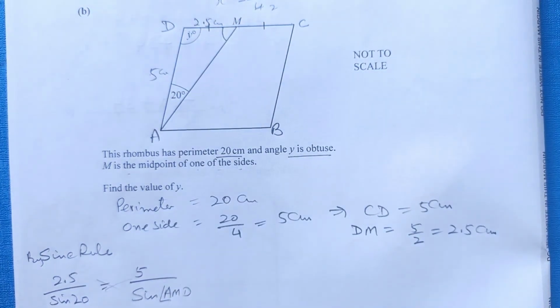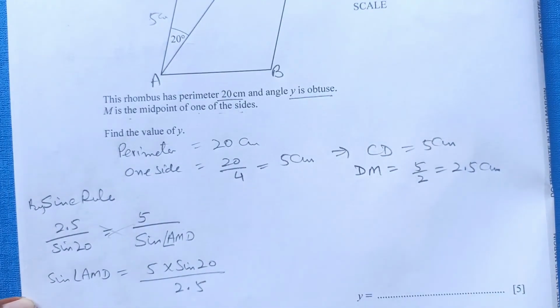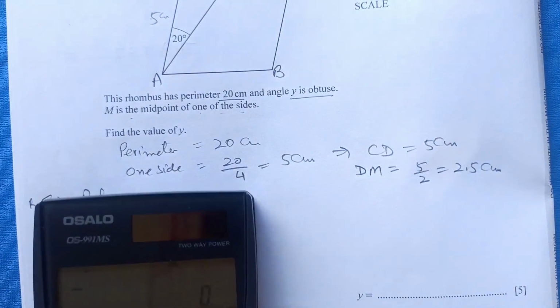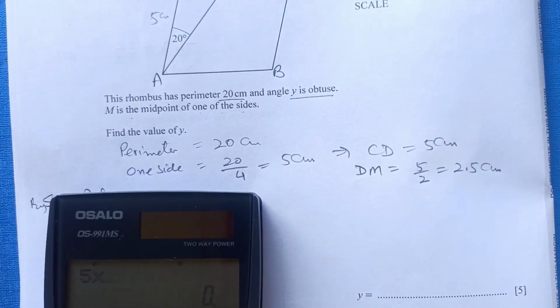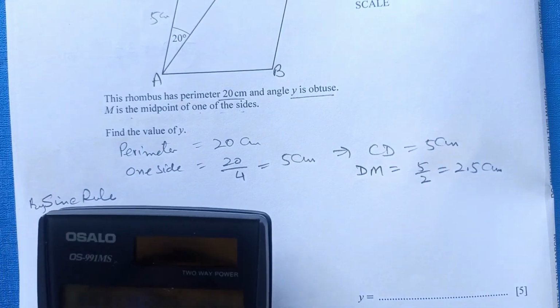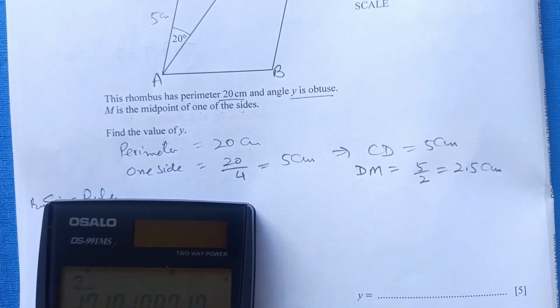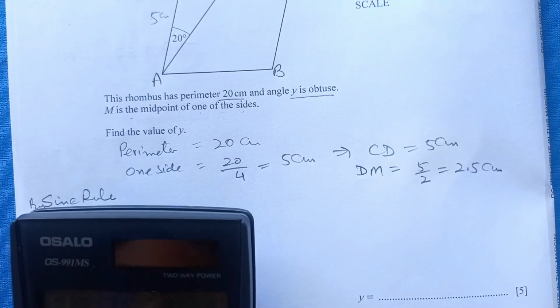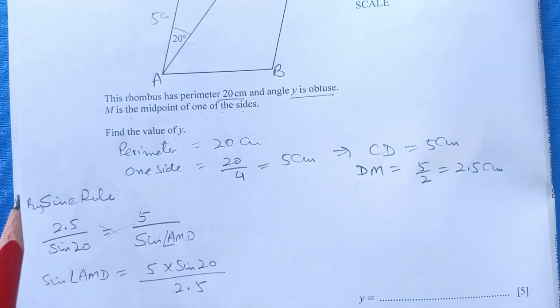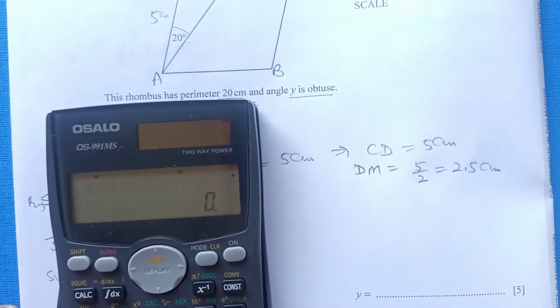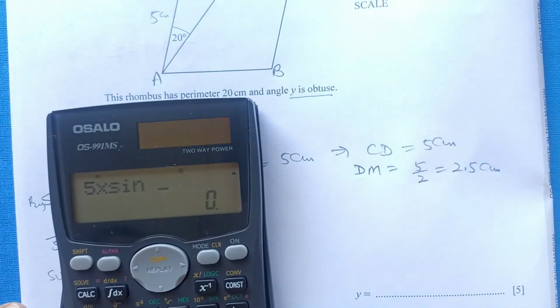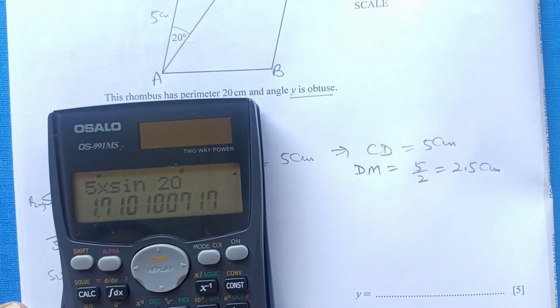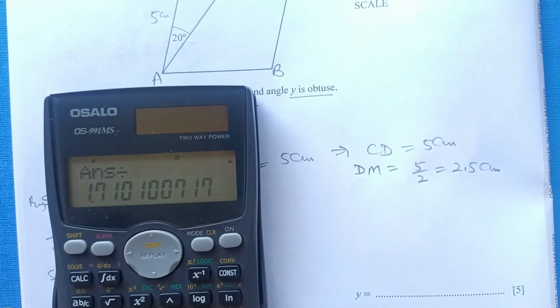Cross multiplying, you get sine AMD equals 5 times sine 20 over 2.5. Let's calculate that: 5 times sine 20, divided by 2.5.